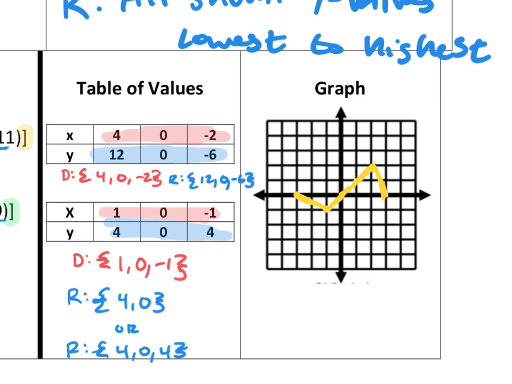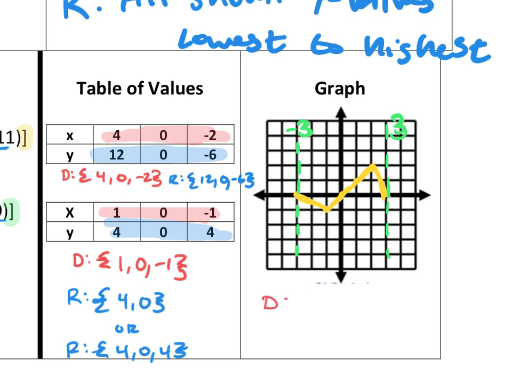So you would start by looking at your X values. What is the smallest X value here? Well, the smallest X value would be right through here, which is -3. The biggest X value would be right through here, which is +3.